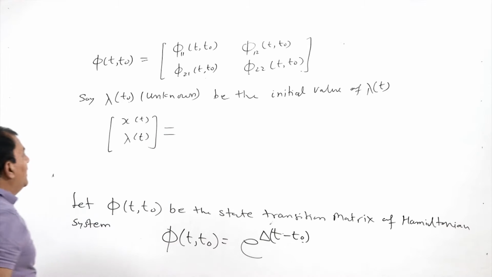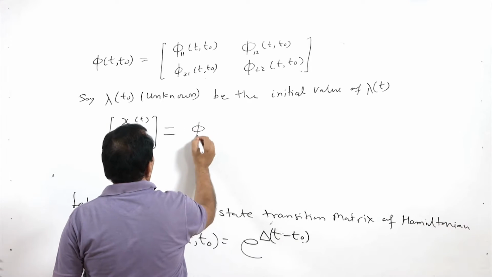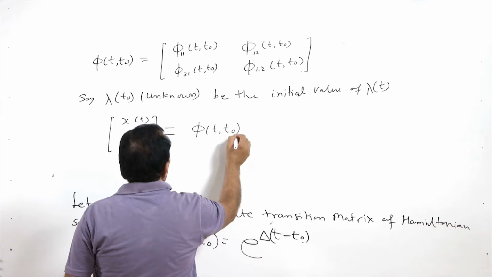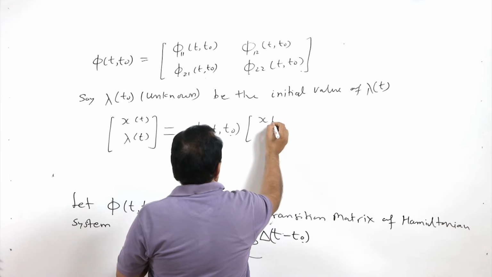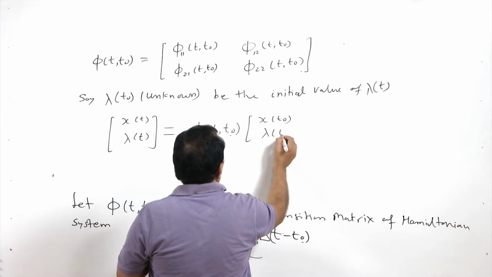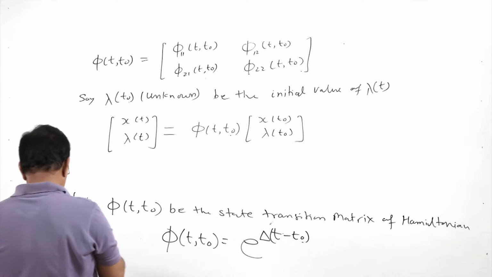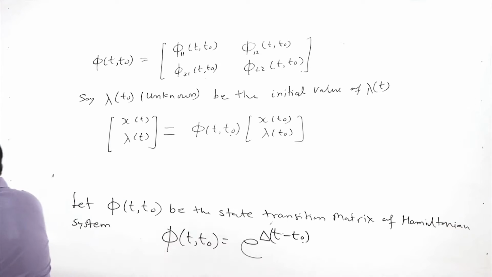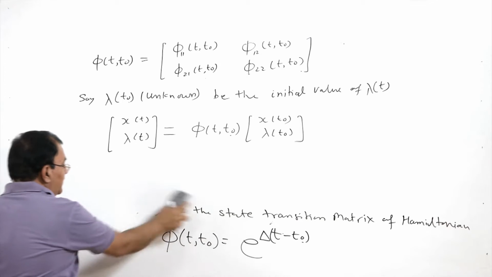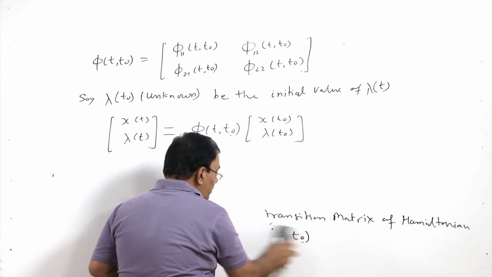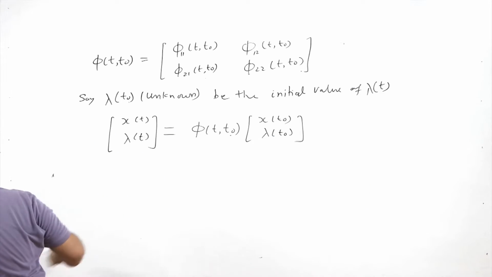From linear control theory, this is nothing but phi t, t0 multiplied with x of t0, lambda of t0. So, we have considered that lambda t0 is known, then I can write the solution in this form.